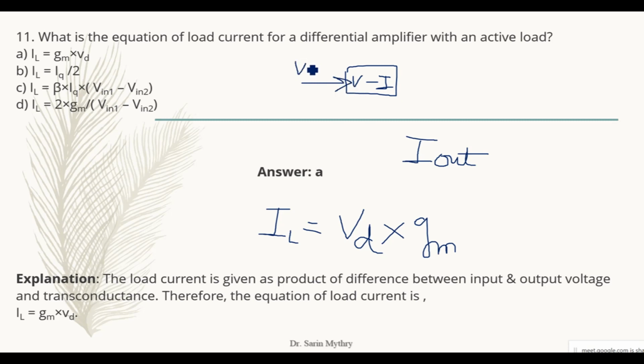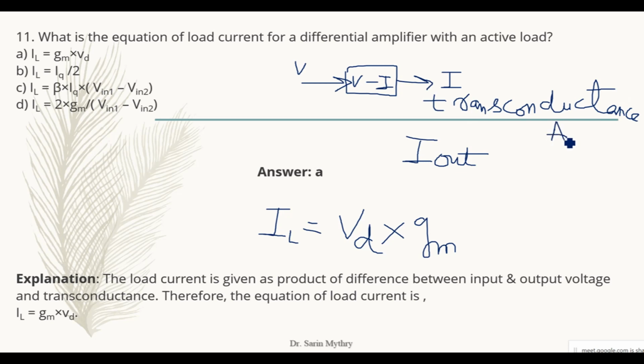Here you are supplying the input as a voltage, and ultimately this is going to be the output current. Any circuit which produces current as output whenever the input is given as a voltage is called a transconductance amplifier. And in other lectures, I have talked about circuits where current is given as an input and voltage is produced as an output.